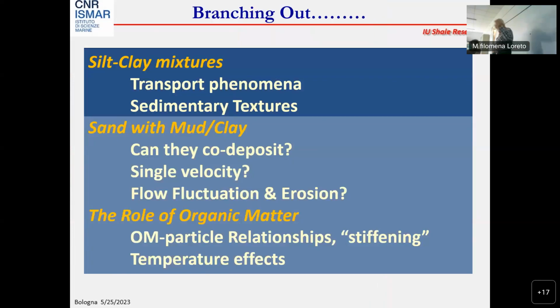then, of course, all those experiments you just saw were essentially pure clay. Very pure stuff. Natural sediments are not that pure, they're mixtures. What happens when you're in a mixture? We're looking at that here, for example.